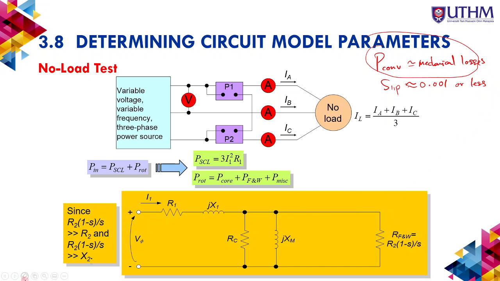This is because of R2 times (1 minus S) divided by S, which is very high. So the power measured contributes mostly to this point.